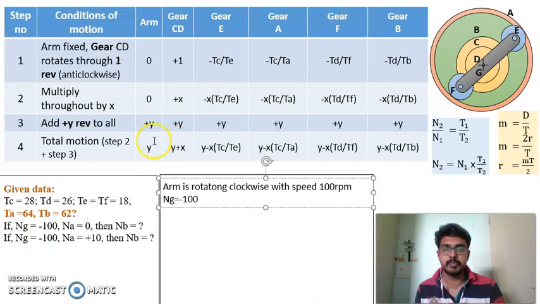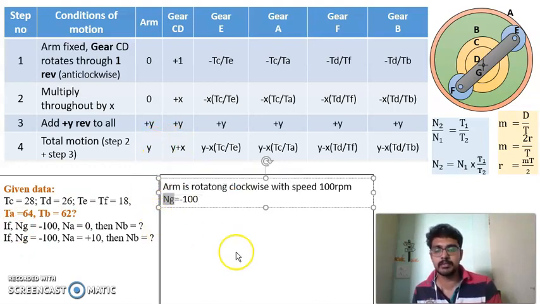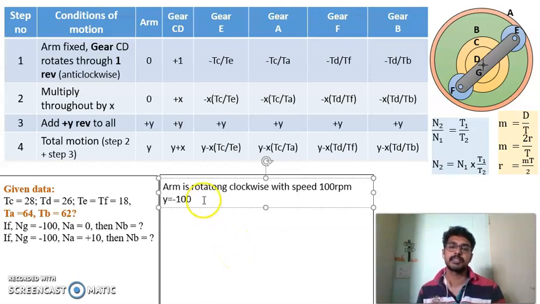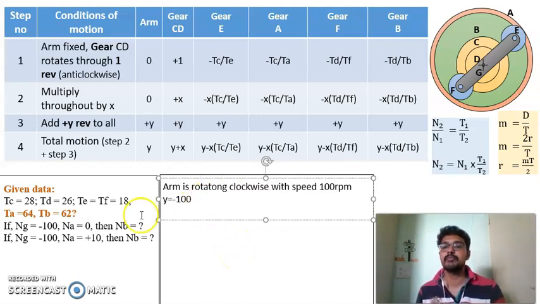In this table, speed of arm is denoted by y, so that is plus y, so y will be equal to minus 100. Next thing that they have given to us is that gear A is rotating in the anti-clockwise direction.